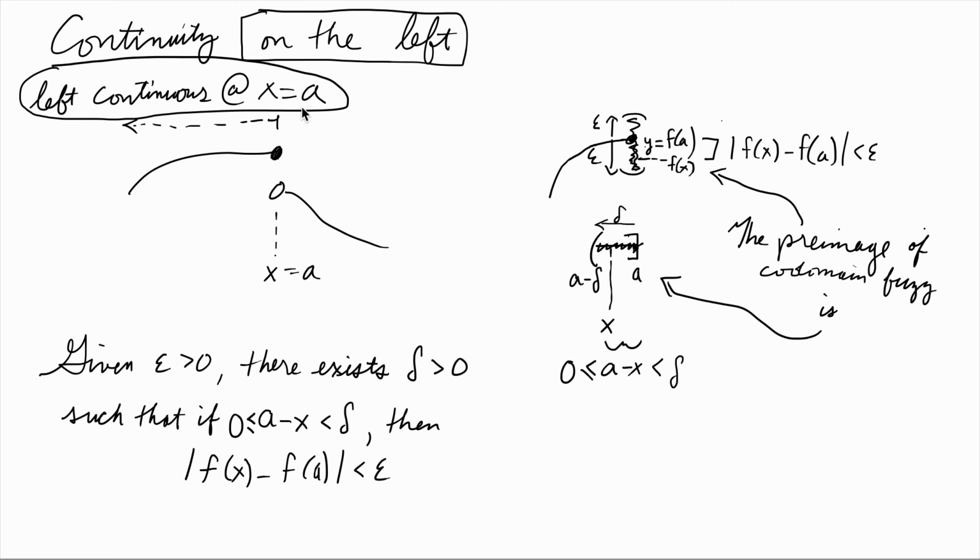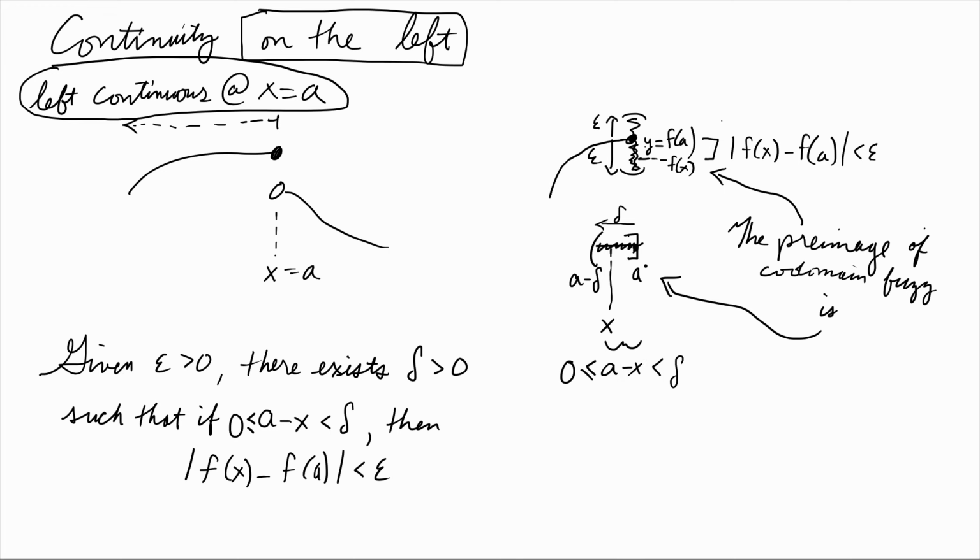We're talking about left continuity up to a point. And we're going to assume that the function is defined at x equals A, that A is in the domain here, so that this description will work.